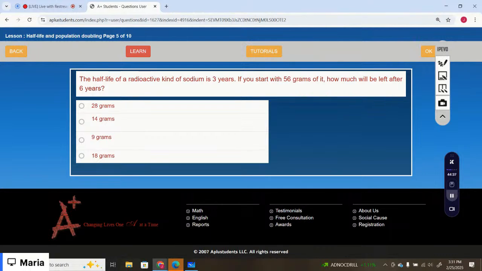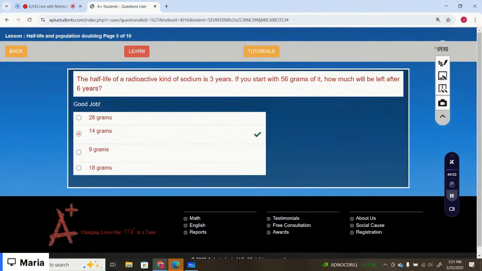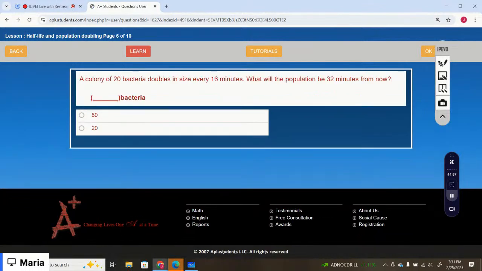In 6 years, the half-life happens 2 times. So 56 divided by 4 is 14 grams. Option number 2 is the correct option. 14 grams it is, not 28.